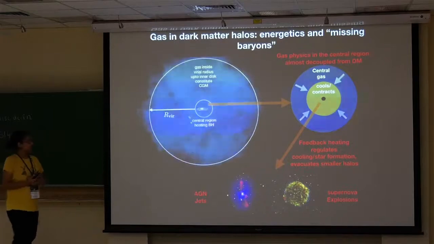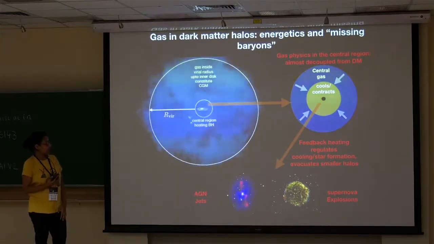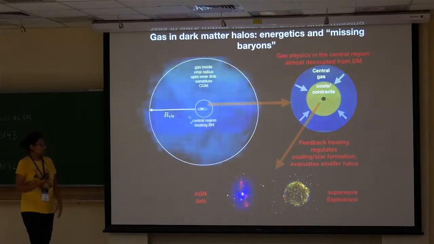In the central region, gas cools and contracts, and this cooling is primarily regulated by the feedback due to supernovae and radiative feedback. So these are the two most important feedback modes discussed.